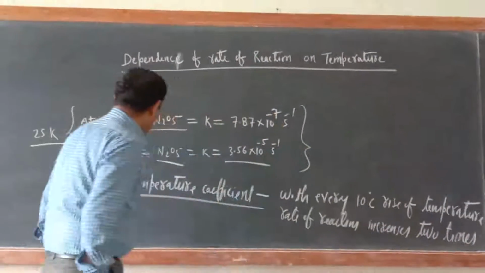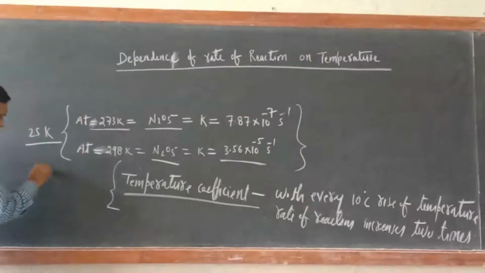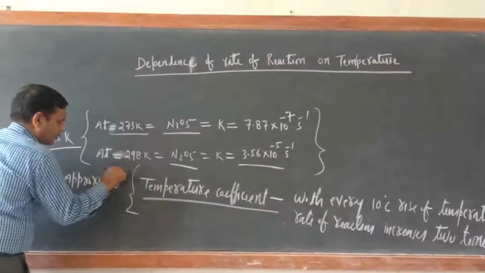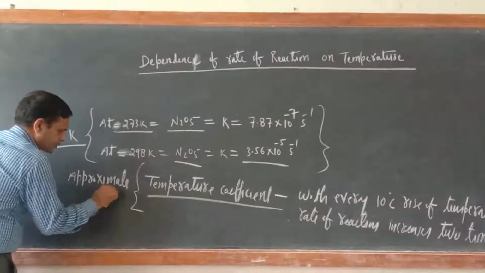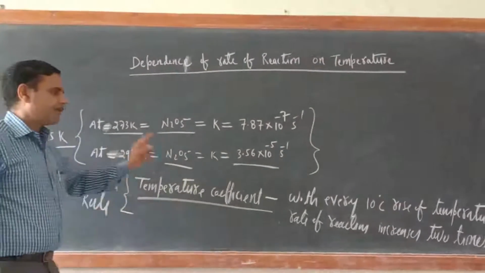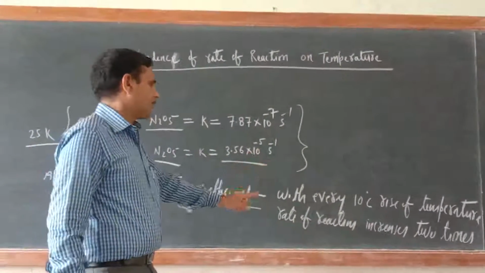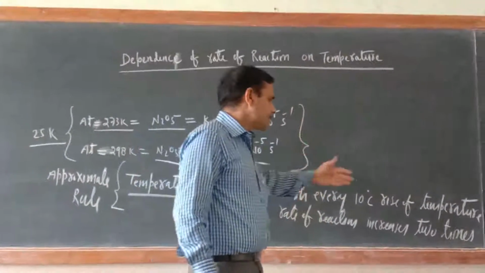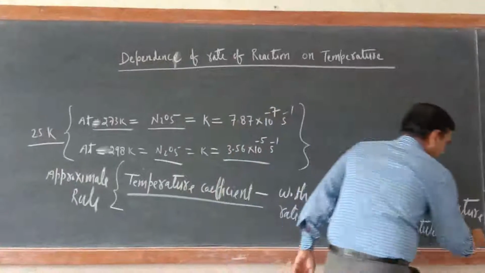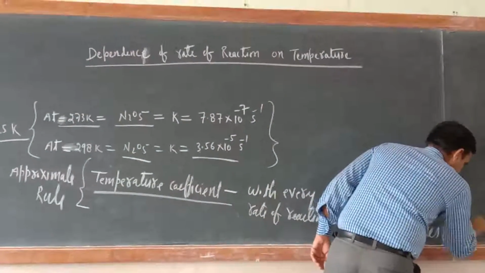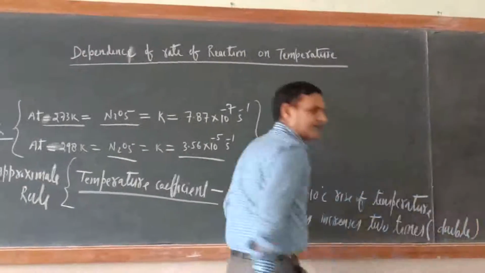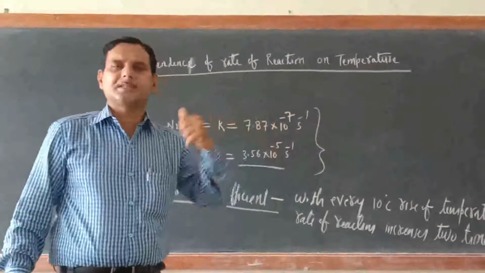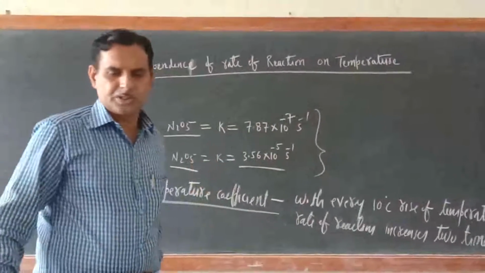This is an approximate rule. So according to this rule, with every 10 degrees Celsius rise of temperature, the rate of reaction almost becomes double. So the question arises here: why, with the increase of temperature, does the rate of reaction increase? That is the basic question.